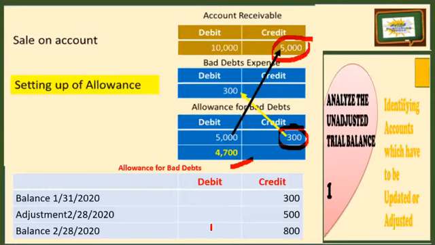Under the percentage of sales method, the company ignores the existing balance in the allowance when calculating the amount of the year-end adjustment, except that the allowance must have a credit balance after adjustment. So in this case, it is a debit balance, you should make it a credit balance.